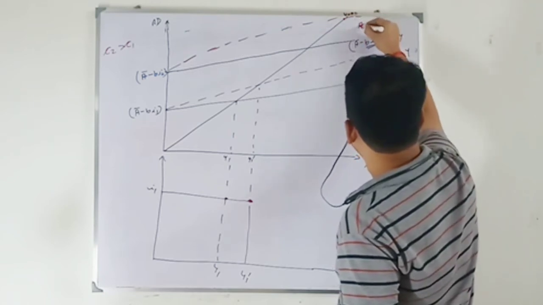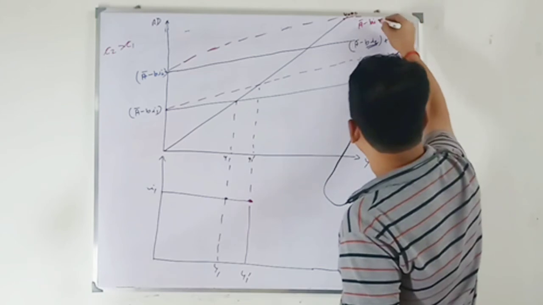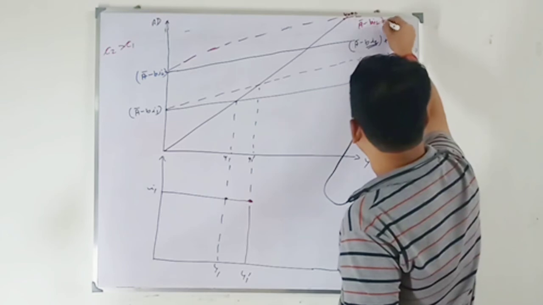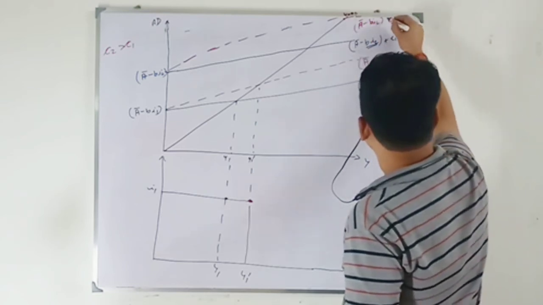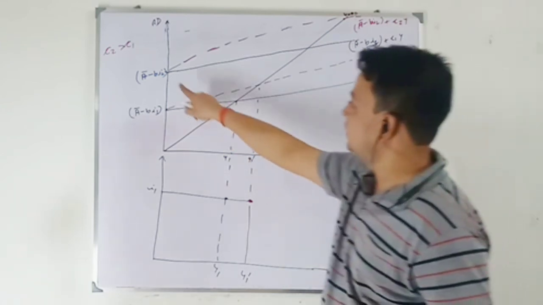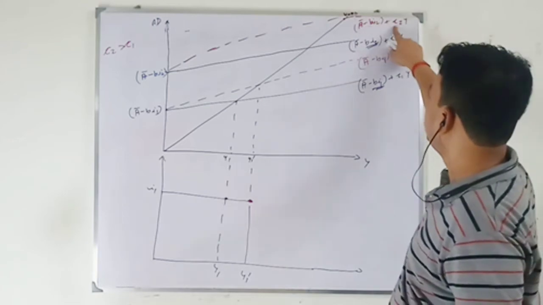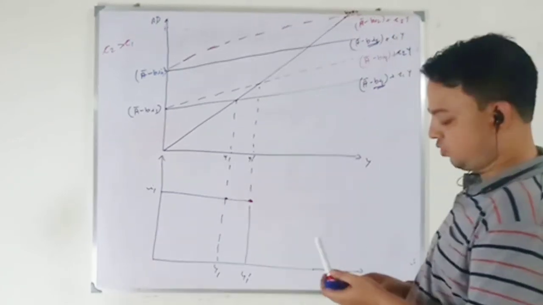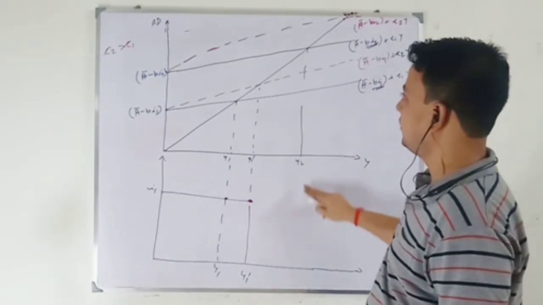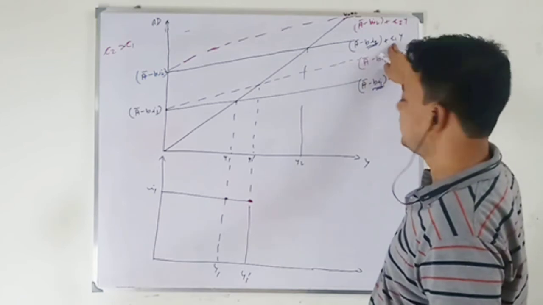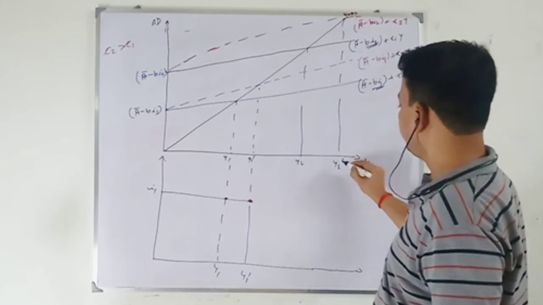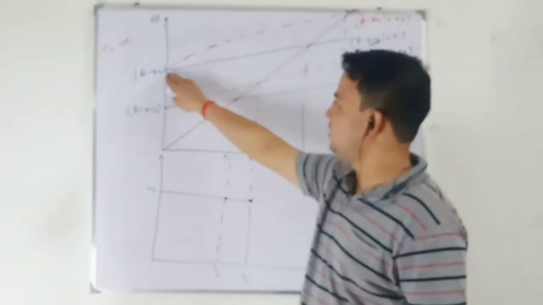I have A bar minus bI2 plus small c2Y, and here it will be c1, because here the rate of interest is I2. This is aggregate demand; only your consumption is changing. So I get two more points. Here output is Y2 when my consumption is this much, small c1. Here my output is Y2 prime, if my rate of interest is lower.